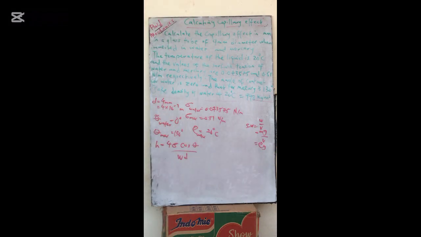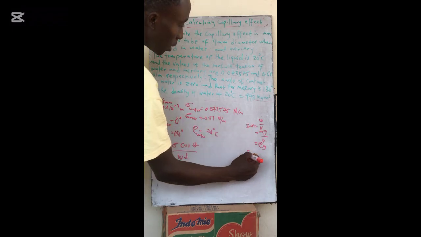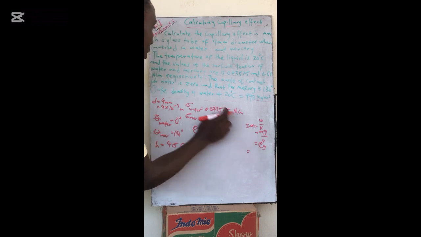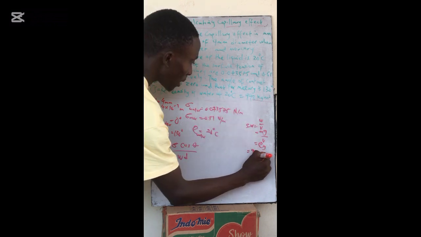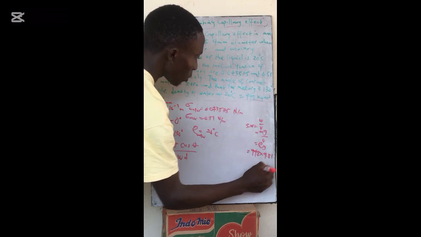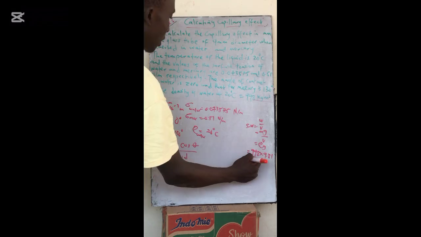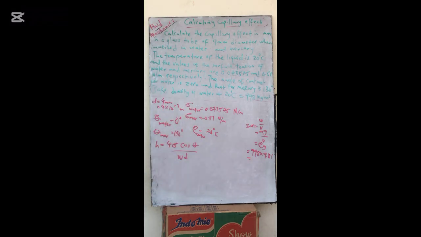I know that we have been given gravity as 9.81, so we can just multiply it by our density to get our weight. So our density here is 998, then multiply by 9.81. That will be our weight rather. What will be our weight there?